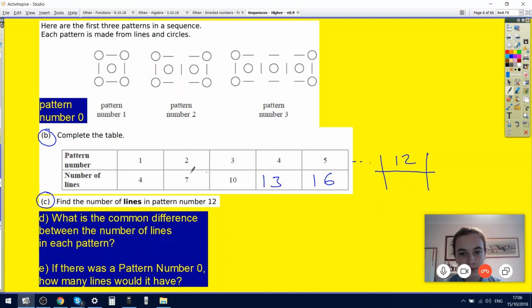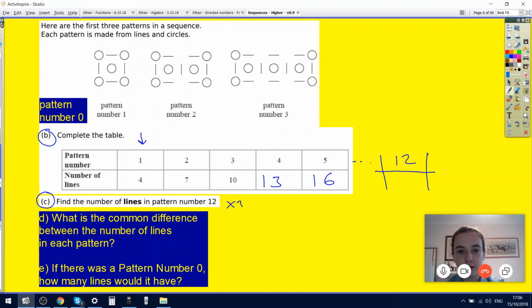I want to find, is there any connection you can find between either the pattern number and the number of lines, or the number of lines themselves? Times 3 and add 1. Yeah, so times 3 and add 1, and so the 12?